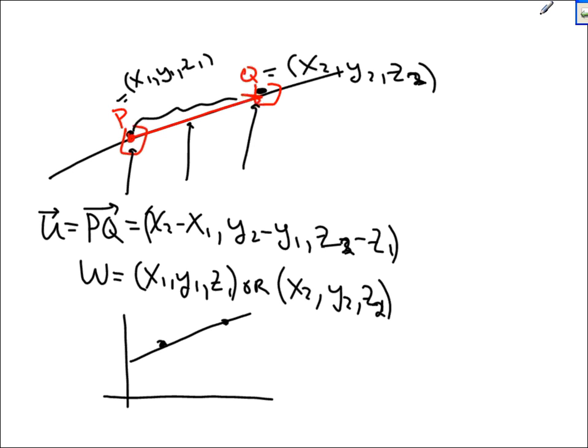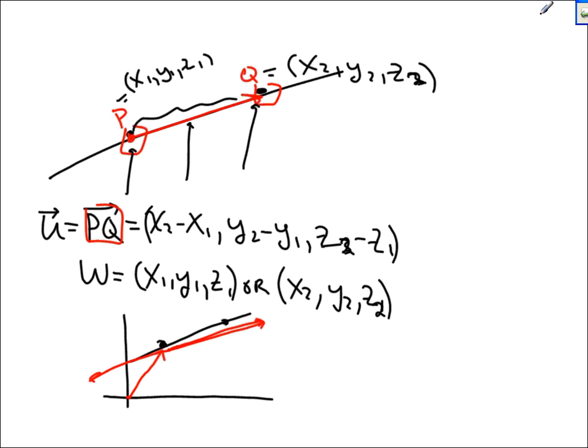Now, you can get the equation of the line in one of 2 ways. You could start at the origin and add on that vector, and then add on t times u. You can add on any multiple of u.